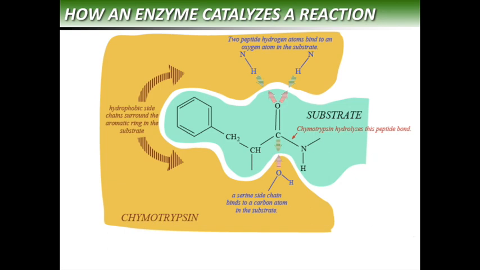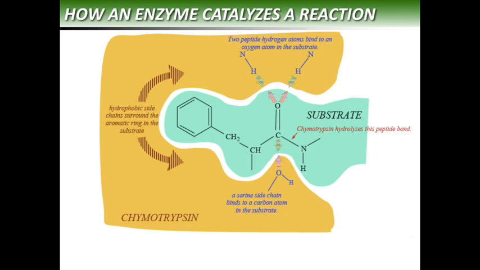Now, the left side of our substrate, this big six-membered carbon ring and the CH2 and the CH, all of that is what we would term hydrophobic. It's very nonpolar. It tends to shove water away from it. And so one of the neat things about this particular protease is that it breaks down proteins at a specific spot, at a specific amino acid, because it's got a bonding chamber that will accommodate this particular amino acid. This is the side chain for phenylalanine.